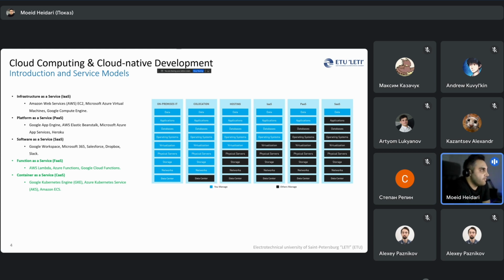Beyond that, in the next level we have platform as a service, which is a service that has all the things that you want prepared. For example, if you want to have your virtualization ready, the operating system should be ready on that before delivering to you.